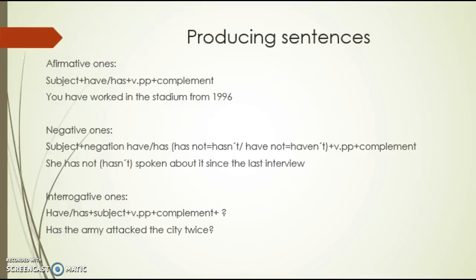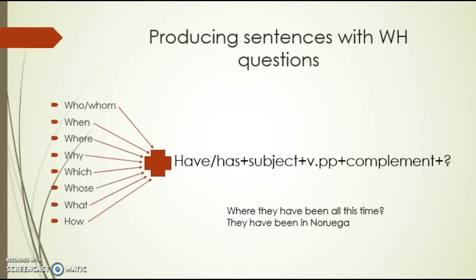And the next slide is about producing sentences with WH questions. Okay, sometimes people find this one a little bit complicated, but it's the same. It's only that we put another word before the conjugation of the verb, and we have to know, of course, what the WH questions are.